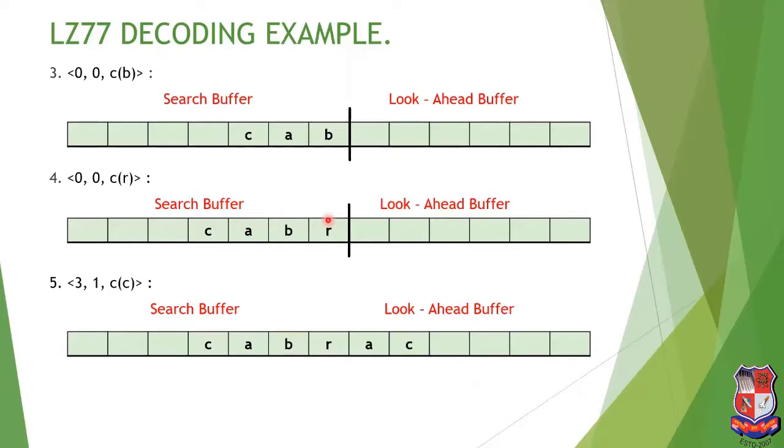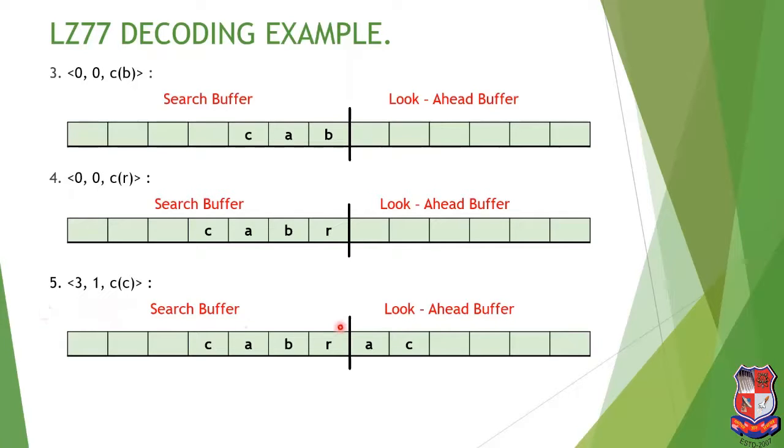Okay, in our next triple, see here: the offset is 3, the length of match is 1 and our code word is C(C). So what is offset?